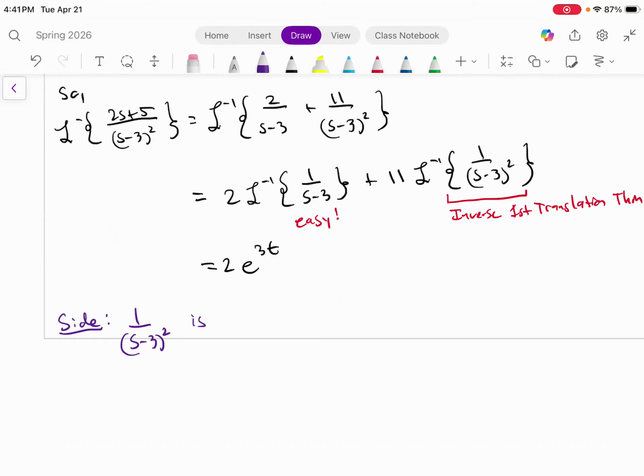Well, if we think about that in terms of shifting s left or right, that is a Laplace of 1 over s squared shifted 3 units to the right.